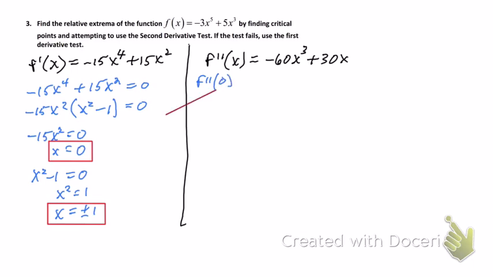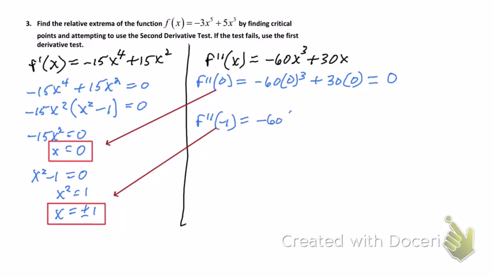So I plug in those values, like back here I'm plugging in 0. I get 0. Next, I'm going to do -1. Get 30.